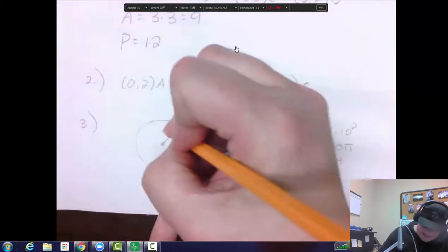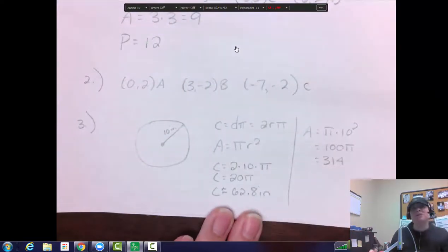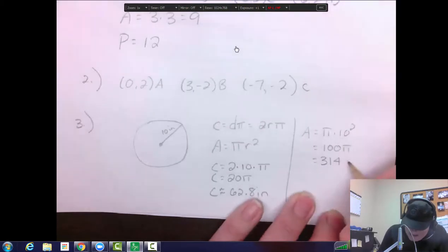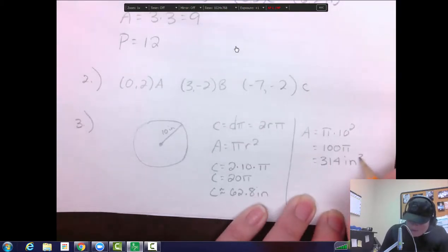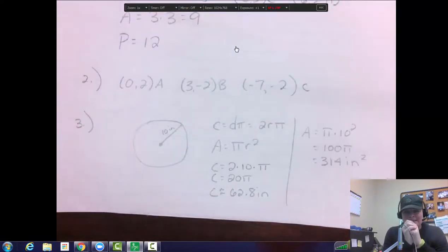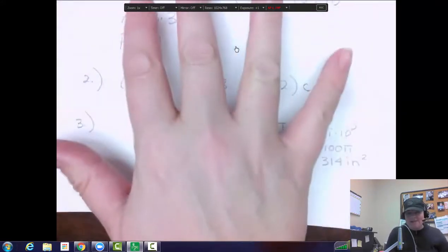Okay, and for area, I didn't say the units are always squared. So let's say this is inches. Perimeter is just going to be whatever the unit is, because you're talking distance around. When we do area, the units are squared, so these are square inches. Think about what that means. We're trying to fill up space, like on this paper.